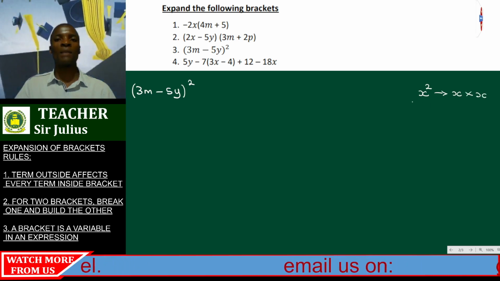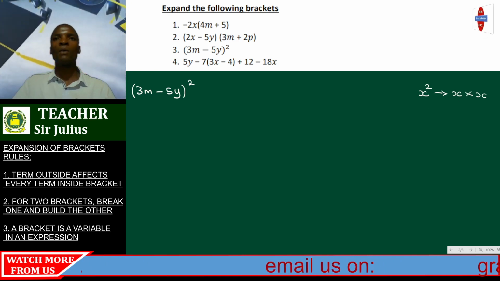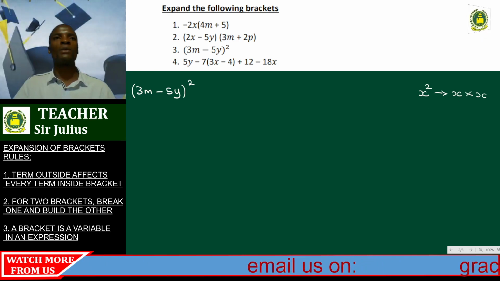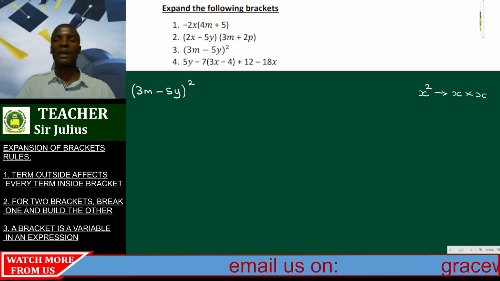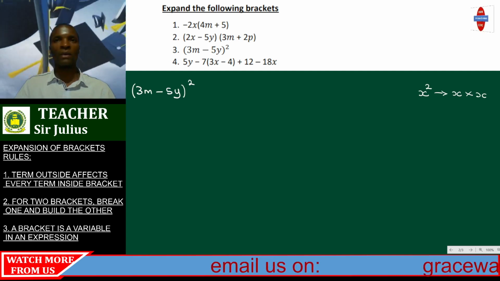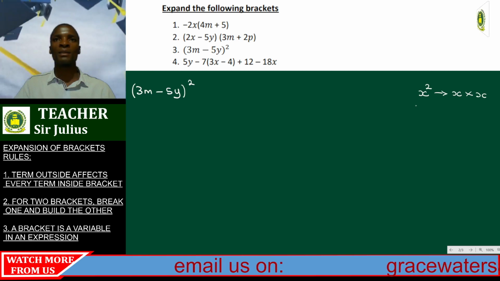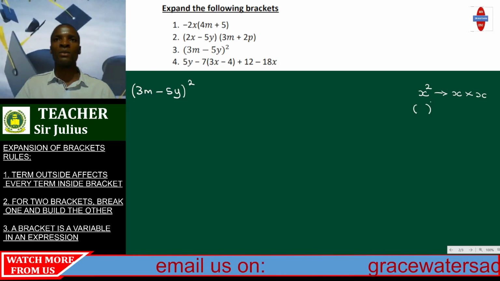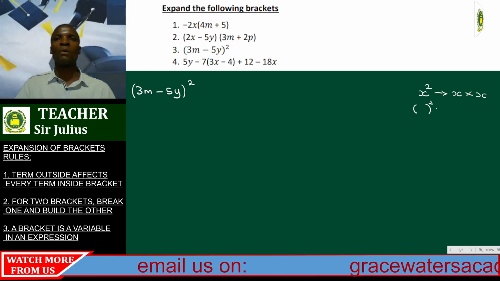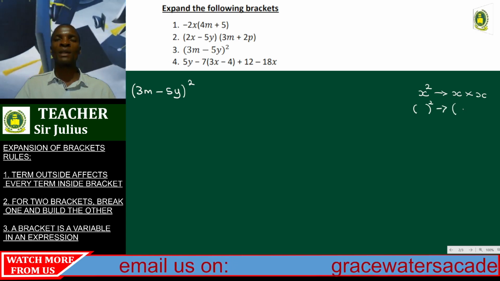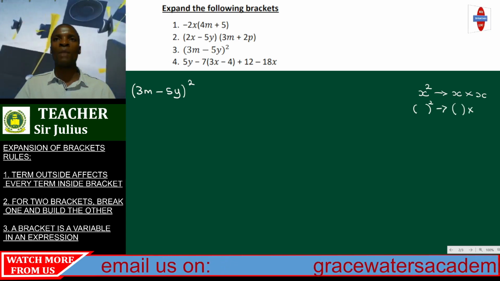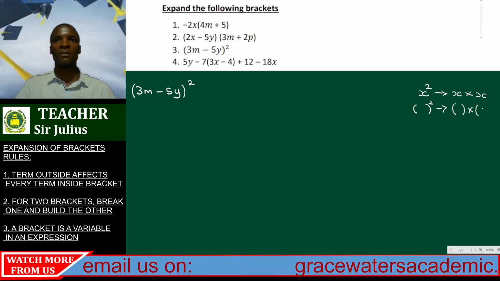Okay, so in like manner, the way we treated x squared is the way we should treat also our bracket, the same way. All right, so meaning to say here our bracket is raised to the power 2, which means our bracket is going to multiply itself again.